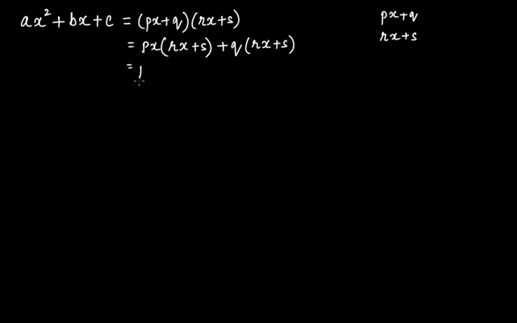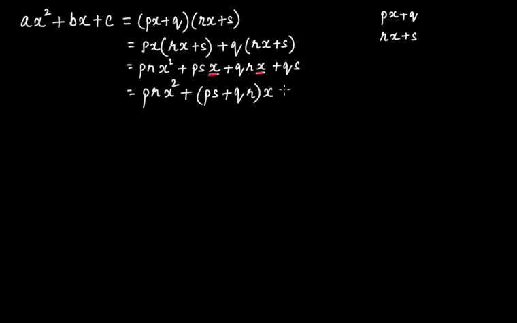Now this becomes prx squared plus psx plus qrx plus qs, right? In these two terms we have x as the common variable. Let's take out this variable x common. So this term becomes (ps plus qr) and this variable x, and then plus qs, right?